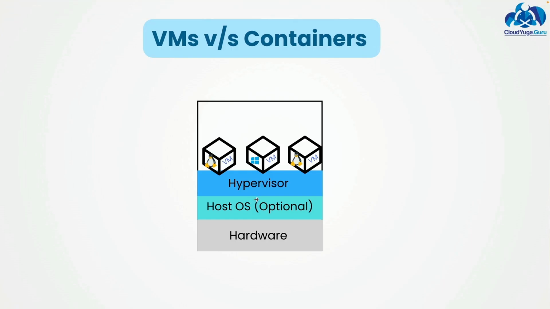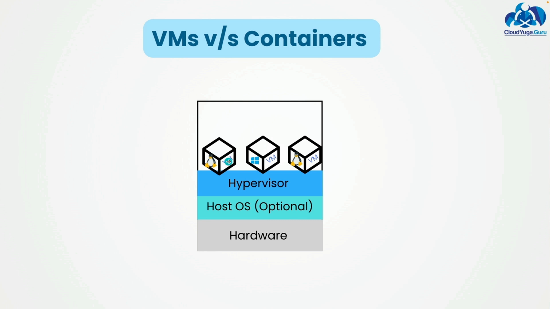We create VMs with the help of hypervisors like VirtualBox, KVM, and so on. These hypervisors communicate with our hardware to give us hardware level virtualization to create different VMs. Now these hypervisors can be installed on top of the host OS or they can skip it altogether. It depends on the hypervisor implementation.